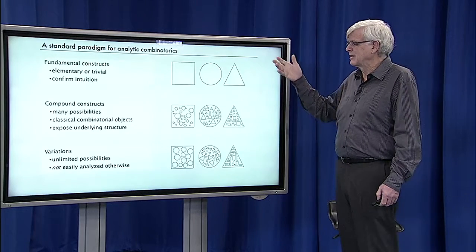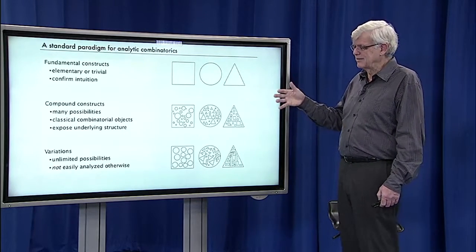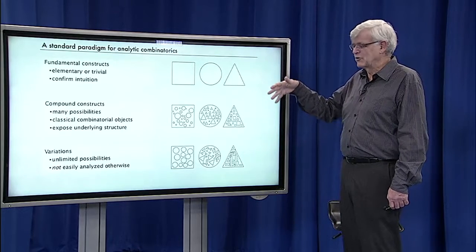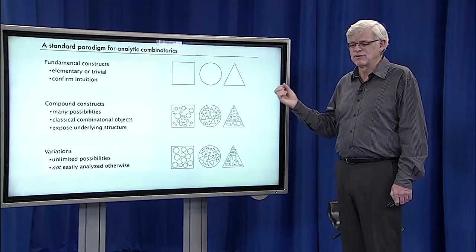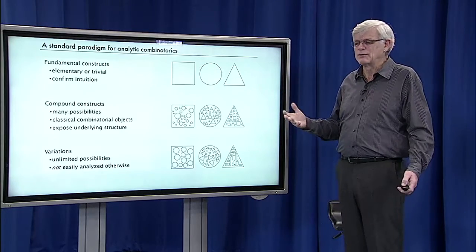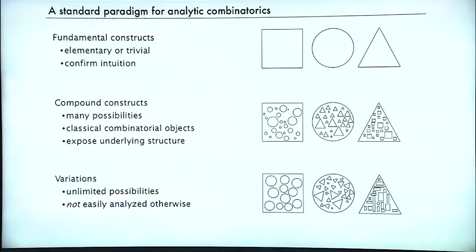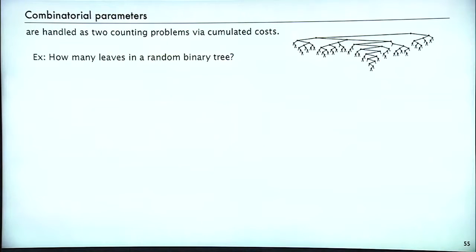In principle, you could do that because what underlies analytic combinatorics is a bunch of very simple techniques, but why would you if your goal is the asymptotic result? So that's a very standard paradigm. And also combinatorial parameters can be handled, and we'll see lots of examples of that. So we're not just counting things, we're counting properties of things.